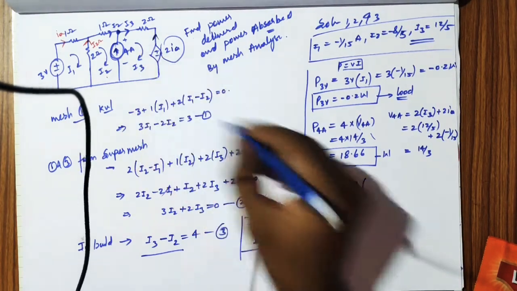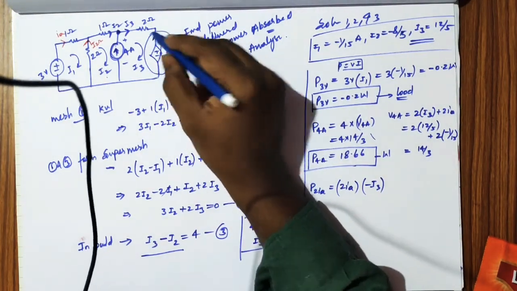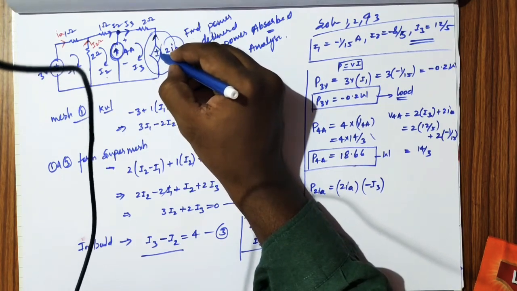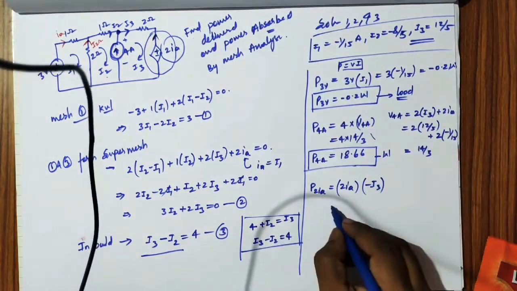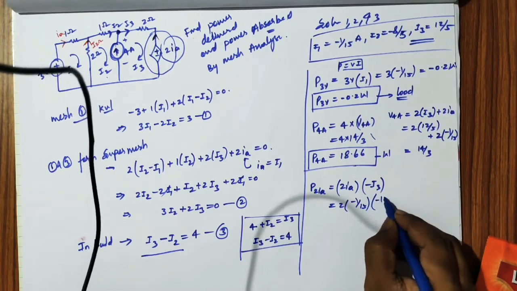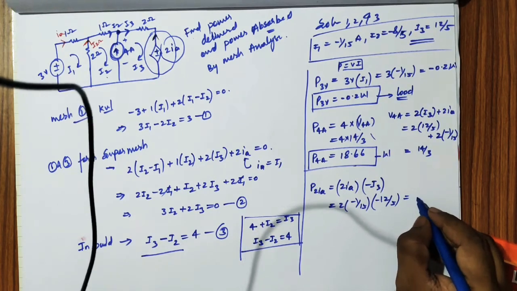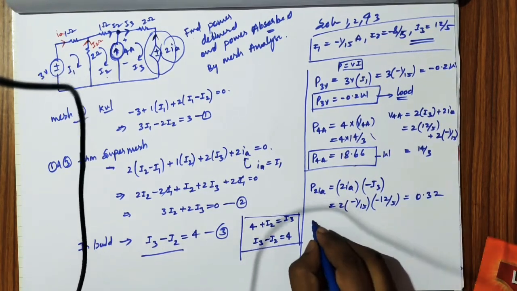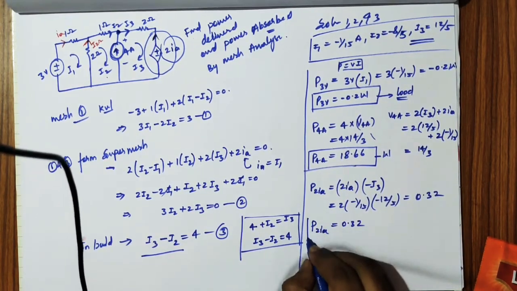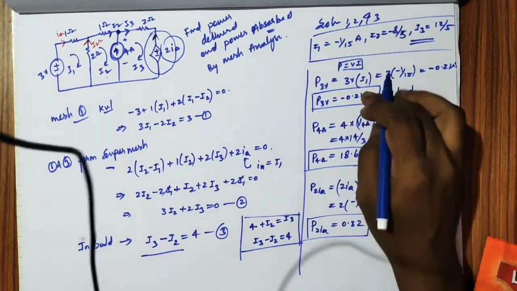So we consider minus I3, because we want to find the power delivered by the source, so we assume current I3 in the opposite direction. Therefore 2 IA means minus 1 by 15, and I3 is minus 12 by 5. The multiplication of this gives a value of 0.32. Therefore, for the dependent source 2 IA, you got the positive value, so it is acting as a load here. Okay, so this is a source, this is a load, this is a load.